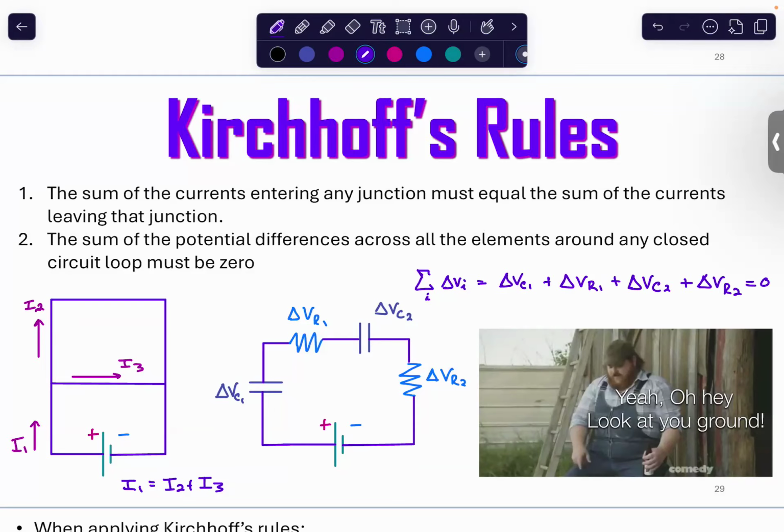So all of your delta V's all the way around the circuit they all have to sum to zero. So these are your two rules.